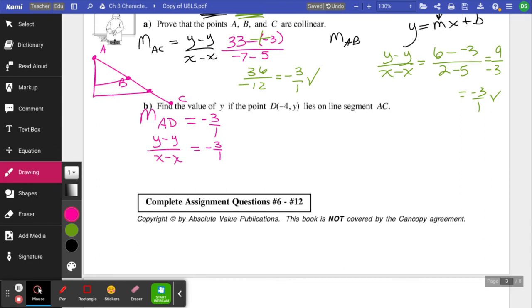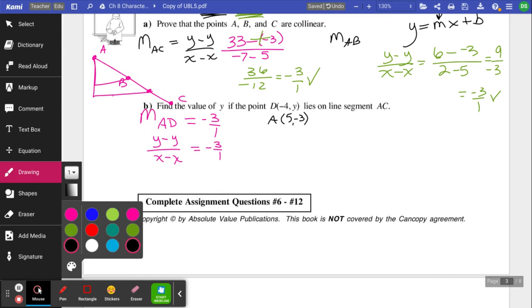If I'm finding the slope of AD, I need to have my A point written down. If D is negative 4, y, what is A? Do you remember? Is it in your book? A was 5, negative 3. Okay, now this is going to get complicated here, so you have to pay attention. The slope of AD needs to be the same as the slope of my other lines.